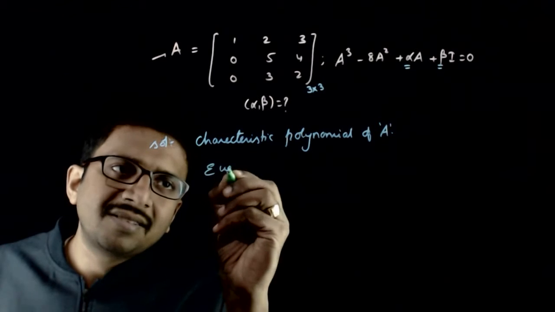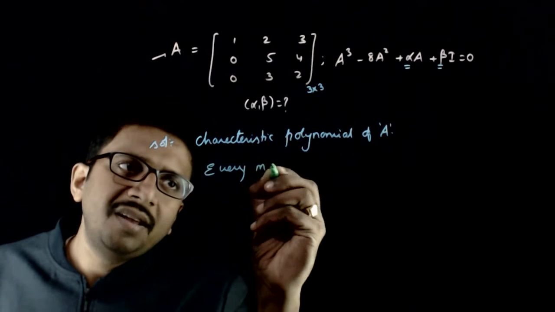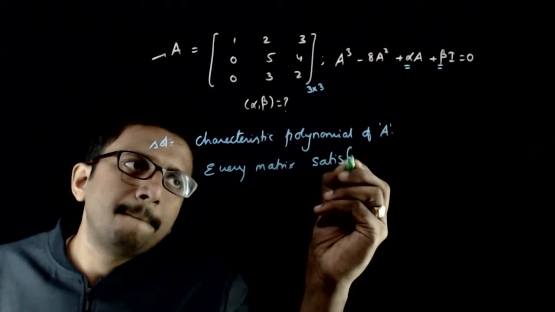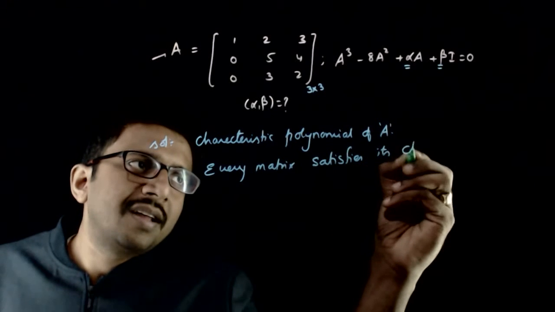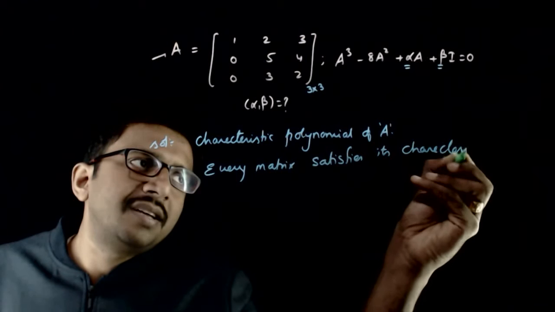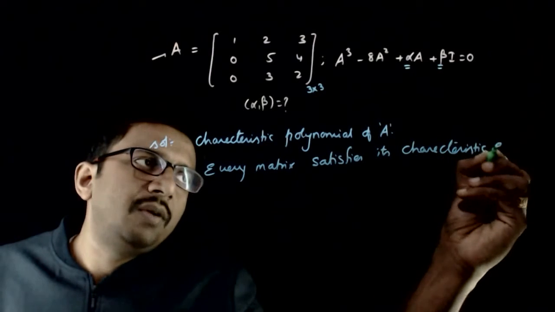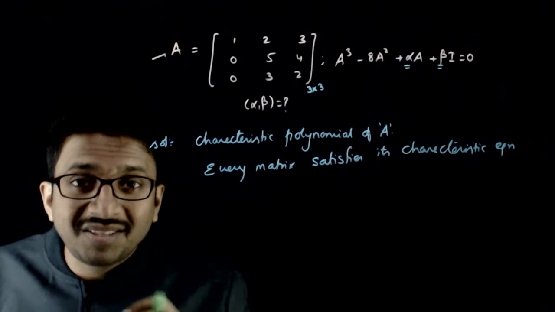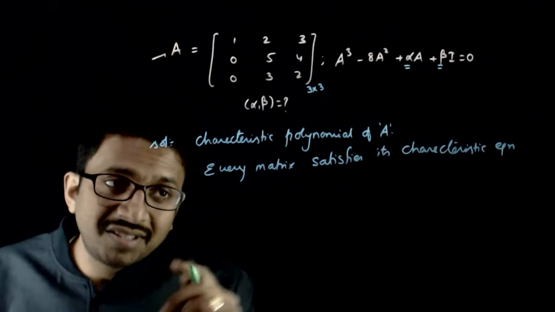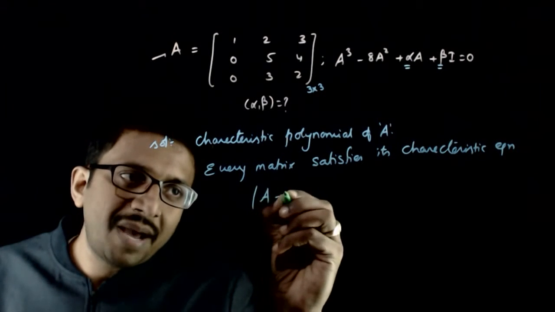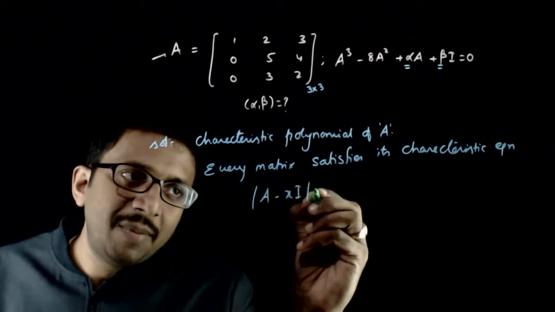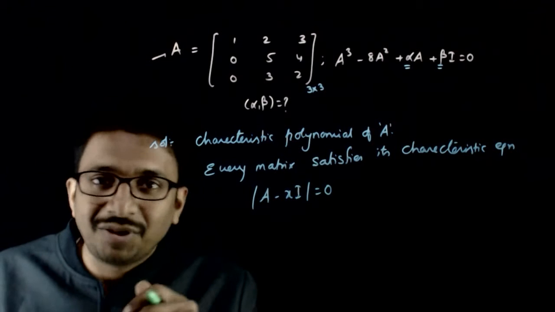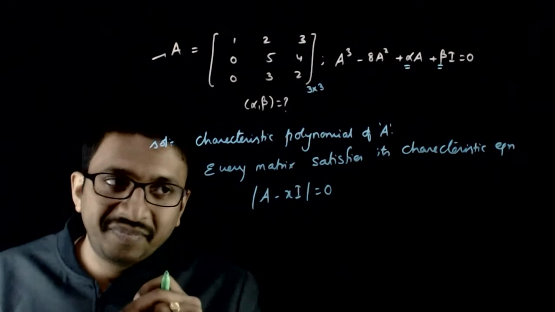So what is the characteristic equation? The characteristic equation is nothing but det of A minus x times identity matrix is equal to 0. This is called the characteristic equation of a matrix A.